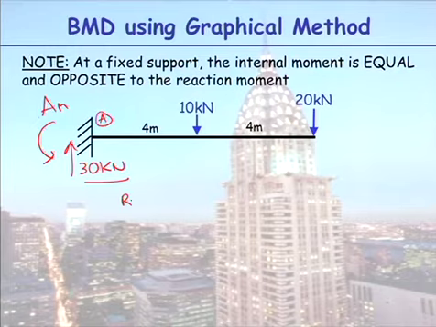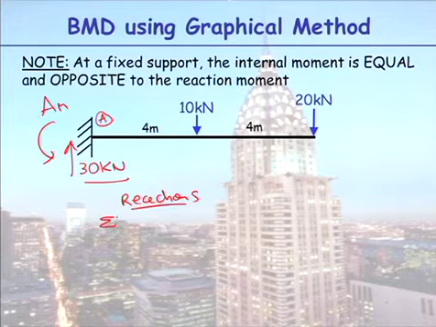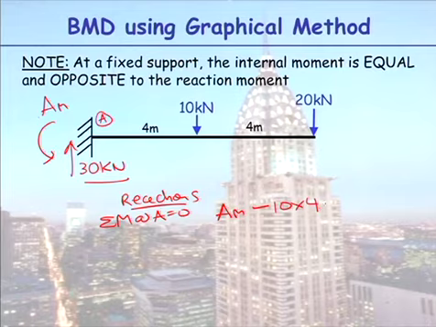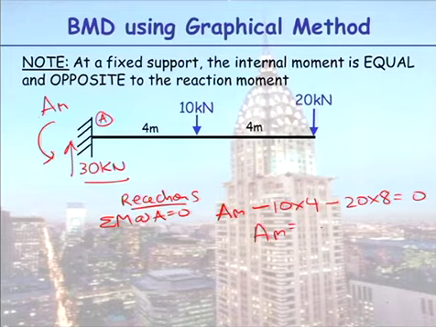This is now just to calculate reactions. Taking moments at A. I have AM minus 10 times 2, minus because it's going clockwise, minus 20 times 4 equals 0. So my moment is equal to 200 kilonewton metres.